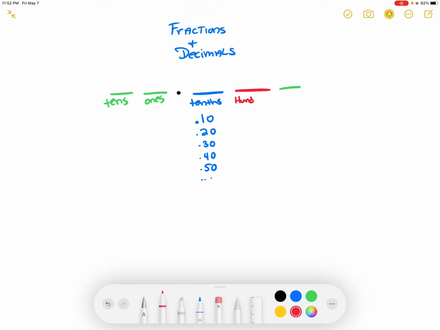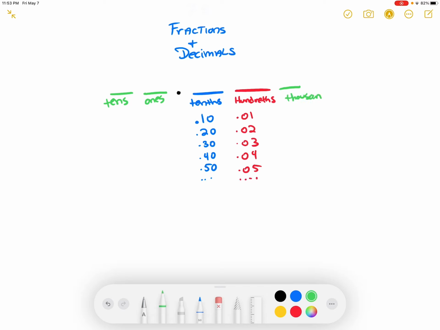And then we've also got the hundredths. We've got something like 0.01, which is actually 1 cent, to be honest with you. Then it's 0.02, 0.03, 0.04, 0.05, and so on.